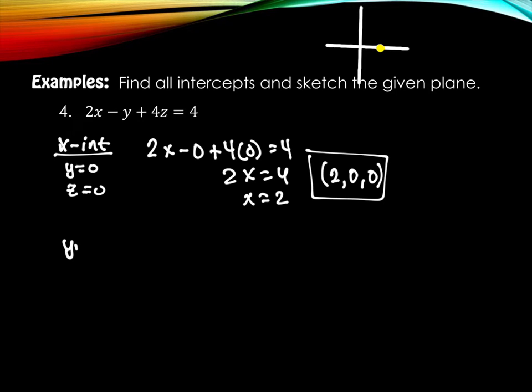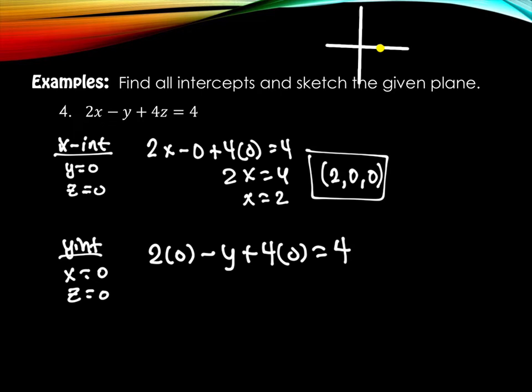So what would we do then for the y-intercept? Same thing, but with x and z. So x is now 0. The y value is what we have, and the z value is 0. Okay, so what will y equal with a little bit of simplification here? Yep, -4, very good. And so the ordered triple is 0, -4, 0.